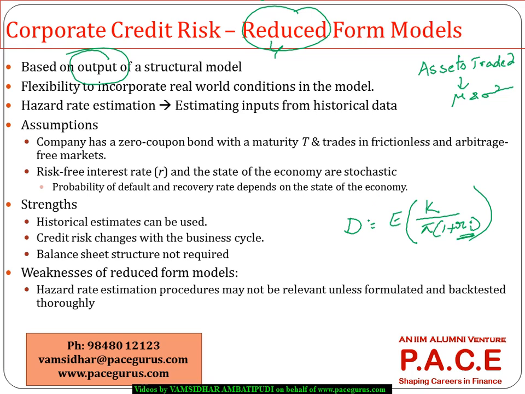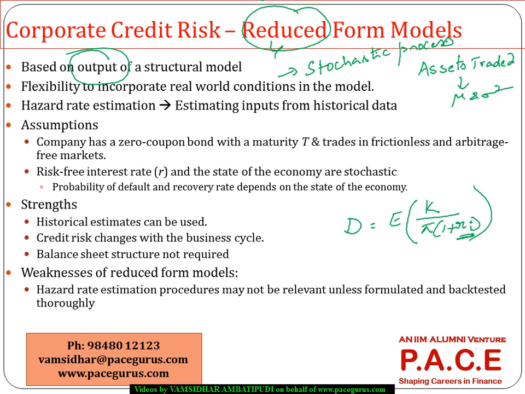So it is assuming that the interest rate is more and more stochastic. It can be treated as a stochastic process, which means it can very well vary, and probably using a stochastic prediction model, if I am able to predict the interest rates for the future, they can be incorporated quite comfortably into the model.